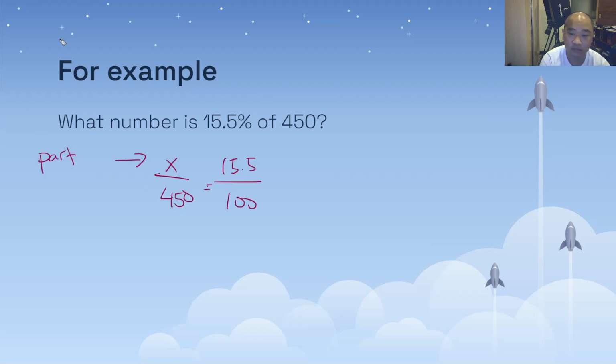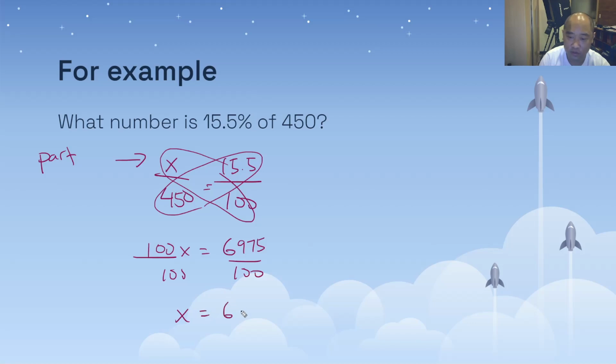Well, we do this in much the same way. 100x, we cross multiply these, and then we cross multiply these, equals 15.5 times 450. That is 6975, and then divide that by 100.